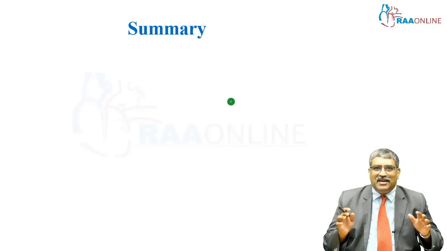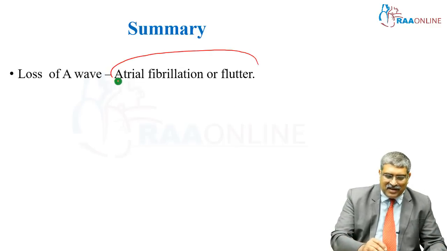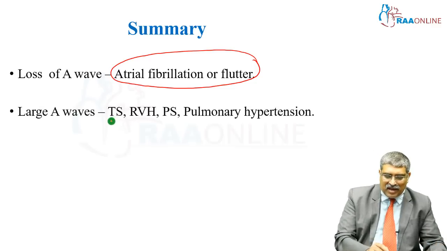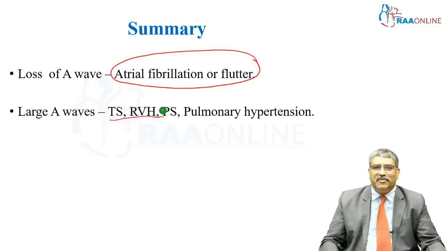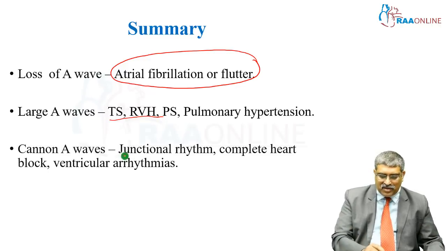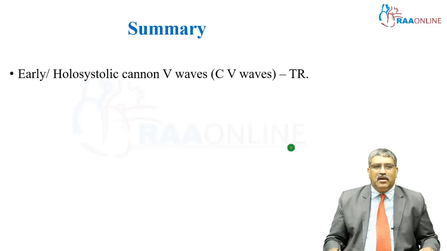Now coming to the summary, loss of A wave is seen in atrial fibrillation or flutter. Large A wave you can have in tricuspid stenosis, right ventricular hypertrophy, pulmonary stenosis or pulmonary hypertension. Cannon A wave happens in junctional rhythm, complete heart block or ventricular arrhythmias.